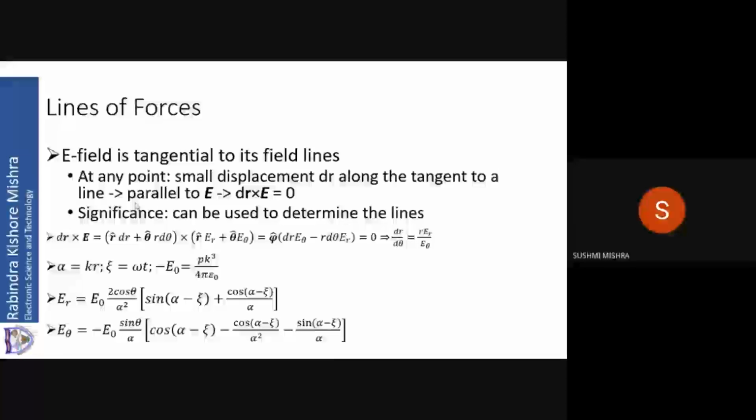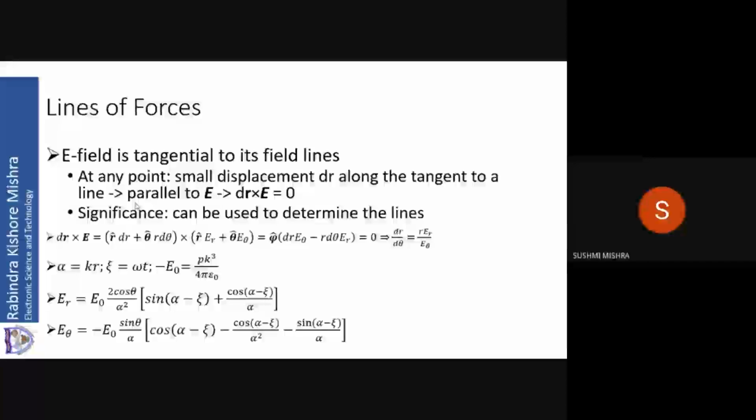We used them in the expressions for Er and E theta. Then we found that the bracketed term for Er, if we differentiate it with respect to alpha, gives us E theta.